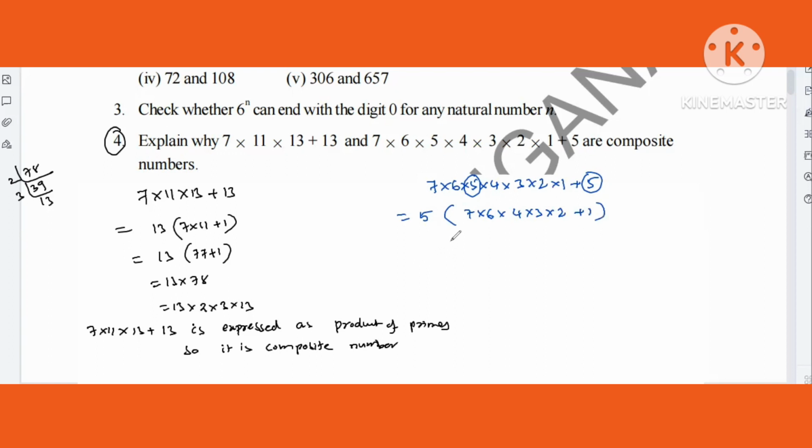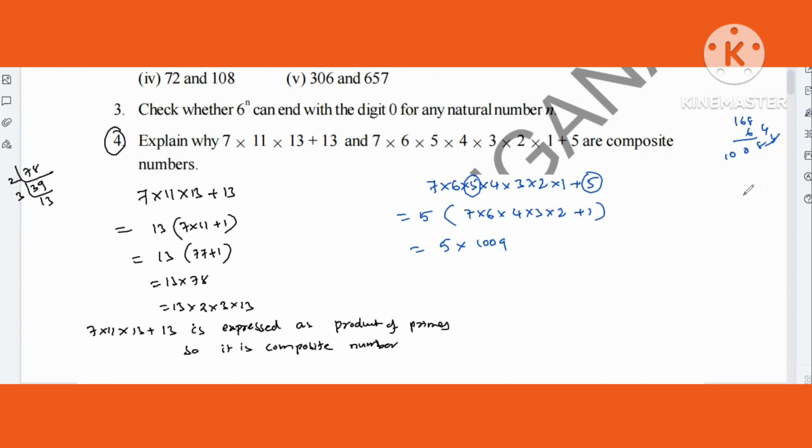If you multiply all these, what do you get? 7 sixes are 42, 42 fours are 168, 168 into 6 is 1008, plus 1, 1009.